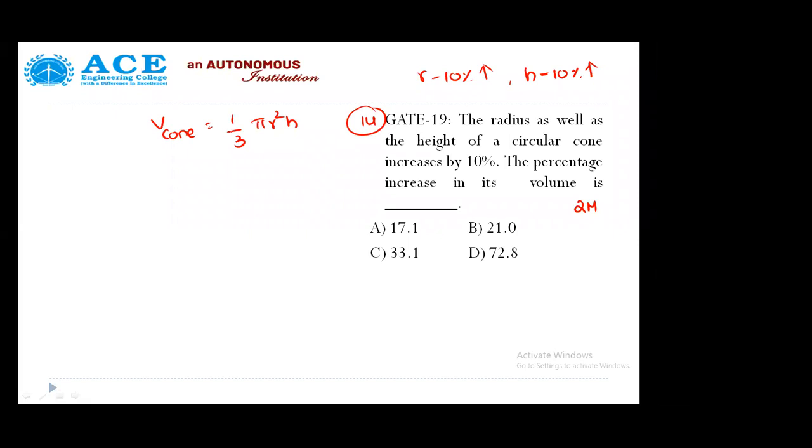Volume of cone is this one, right? What is the new volume? 1 by 3 pi. Radius increased by 10% means 110% whole square. Height increased by 10% means 110%. So you can consider this is 110% whole cube into 1 by 3 pi r square h.